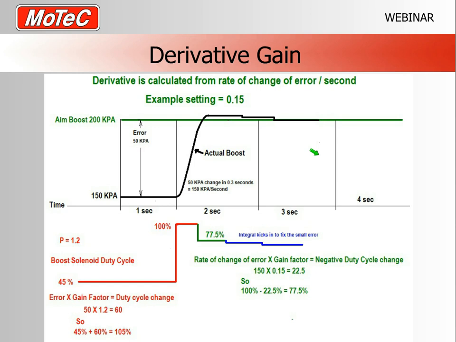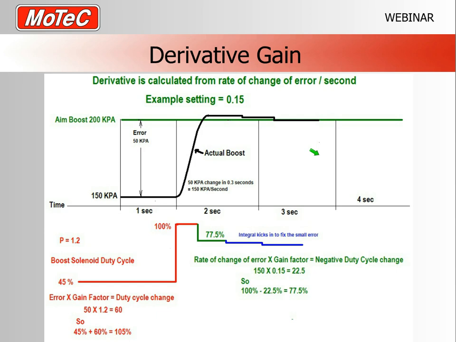So same as the last screen, we get on with opening the solenoid and getting this boost up, and up it comes. So the derivative, which works on the rate of change, our example for the derivative is 0.15. The rate of change of error times the gain factor equals the negative duty cycle change.